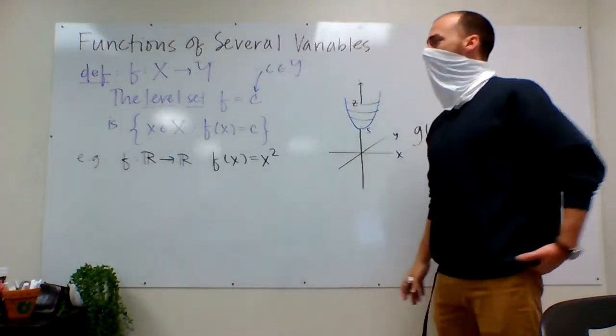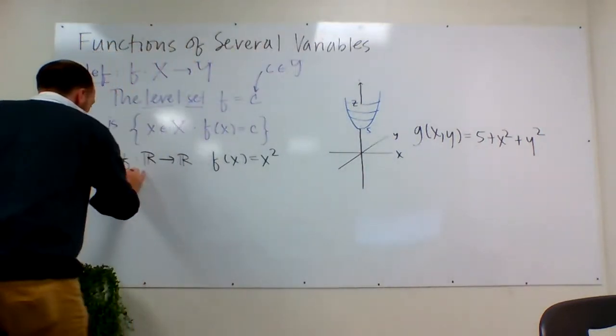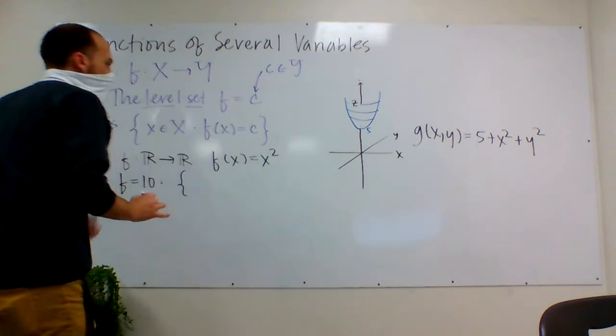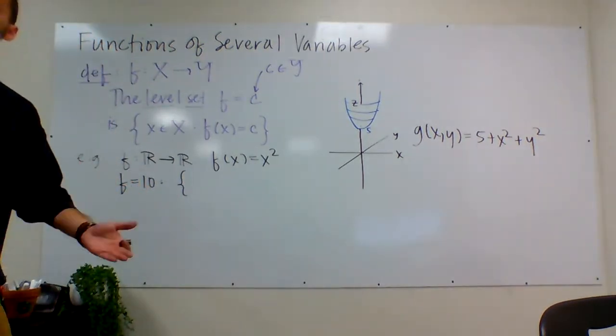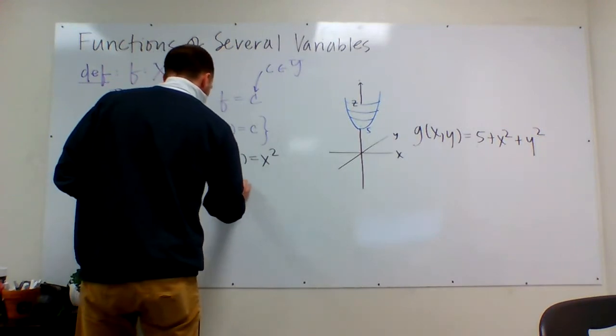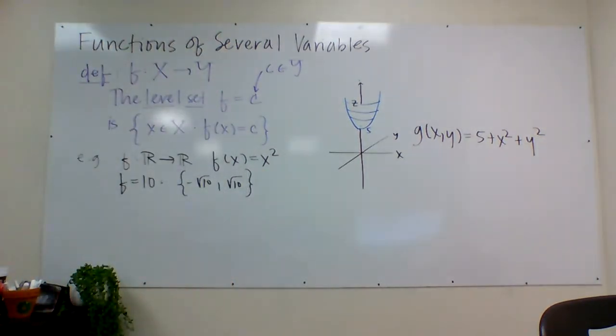The level set corresponding to f equals 10 is the set of negative square root of 10 and positive square root of 10. For f of x equals sine of x and f equals 0, it's going to be multiples of pi or something.